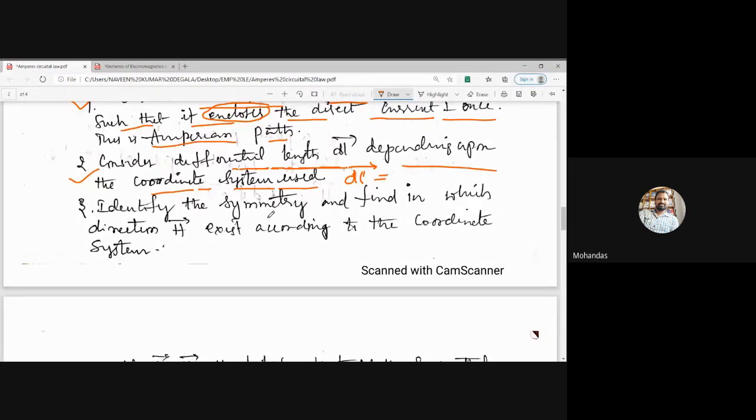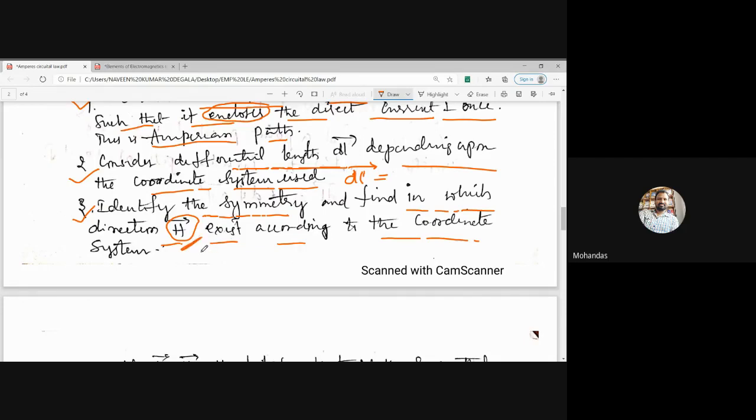Now, what is the third point? Identify the symmetry and find in which direction H exists according to the coordinate system. The direction of H should be known before applying the Ampere circuit law, and that should be known from the Biot-Savart law only.